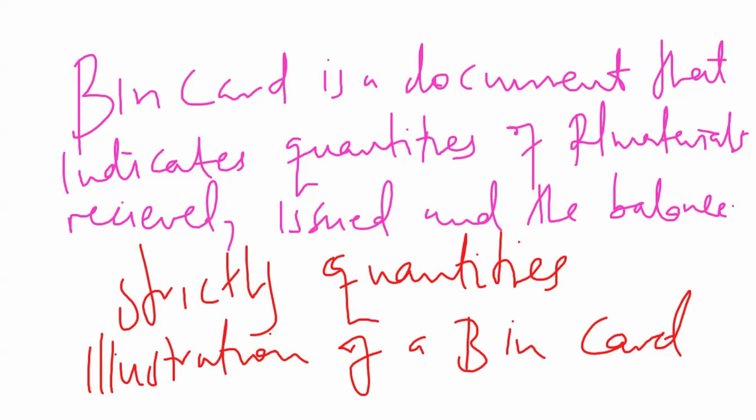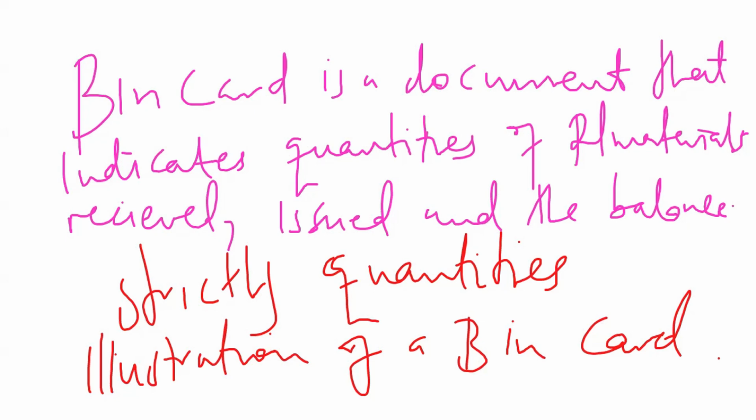We shall have a receipt side, an issue side, and then you are also going to have the balance side. These are the main features of the bin card, plus maybe the date and quantity, maybe even the category of the raw material. And that's what we always call a bin card.